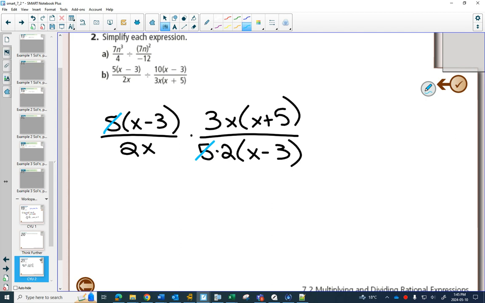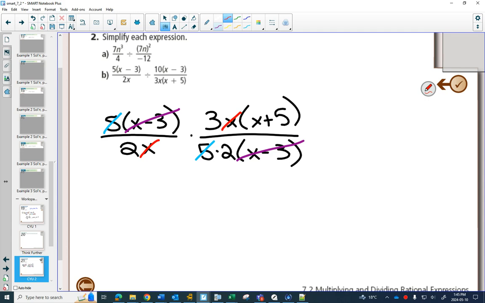Anything else identical? Ooh, there's an x minus 3. I can cancel that out with x minus 3. Anything else identical? The twos are both on the bottom. Tempting.